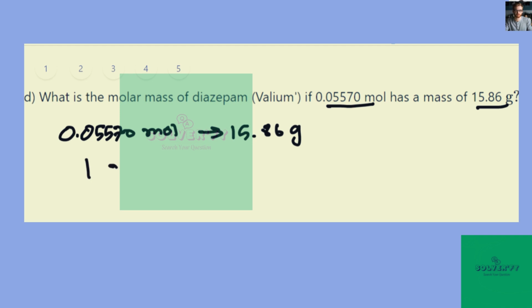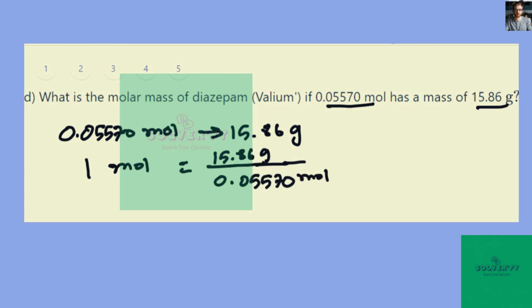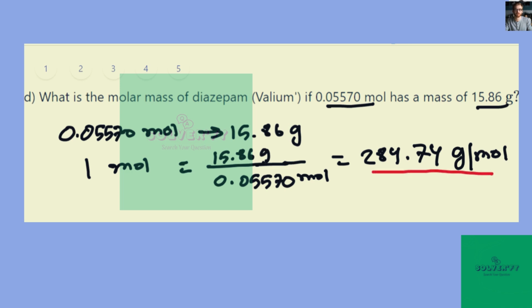That means 1 mole will contain 15.86 gram over 0.05570 mole, which is 284.74 gram per mole. So this is the molar mass.